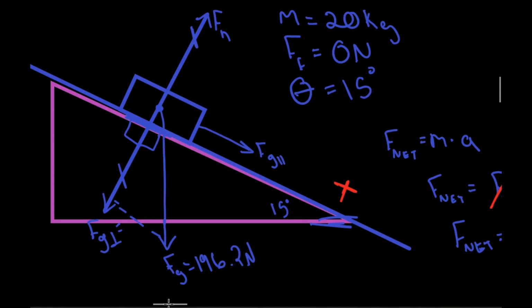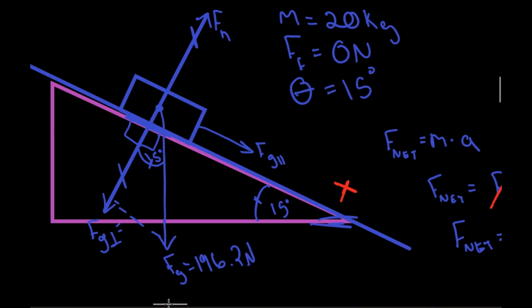We know that this whole thing is perpendicular, so this angle of this triangle will also be 15 degrees. We can draw a little line to demonstrate they're congruent, they're equal.